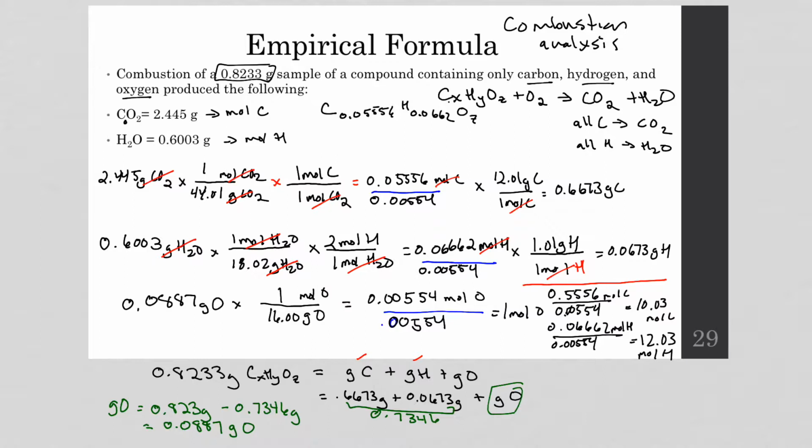So now I have my moles, right? I have 10.03 or 10 moles of carbon. I have 12.03 or 12 moles of hydrogen. And I have 1 mole of oxygen, right? So all of these are whole numbers, so I don't need to multiply by anything.